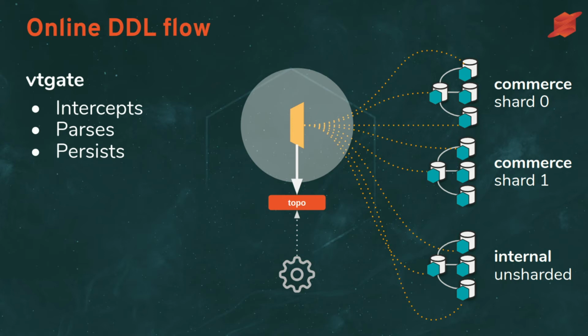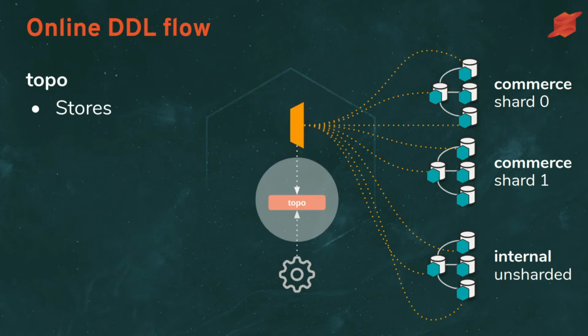It saw that this was in fact a very special alter table. This was a gh-ost, an online DDL migration. It decided not to push this statement to the backend servers, to the database servers, and instead persist a request for online DDL in global topo. And so that's all. It just wrote something in key value.